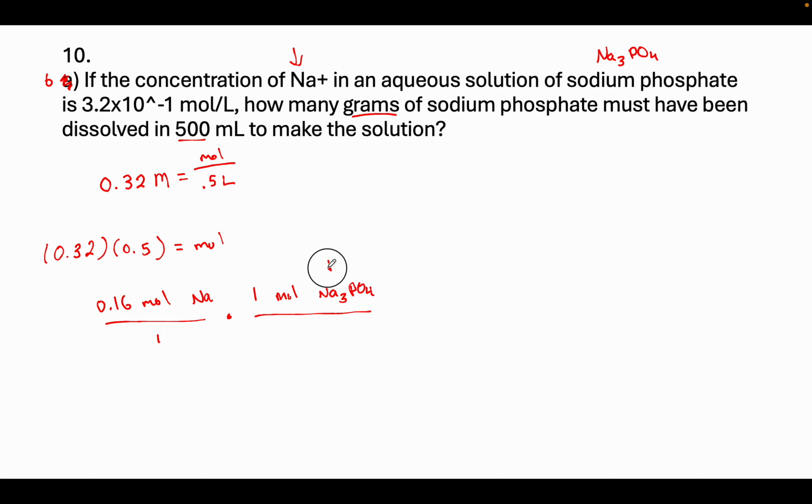So if we see here, there's Na3. So there's 3 moles of sodium for each mole of sodium phosphate. If we notice, mole of Na will cancel out. So now we can do 0.16 divided by 3, and we get 0.053.